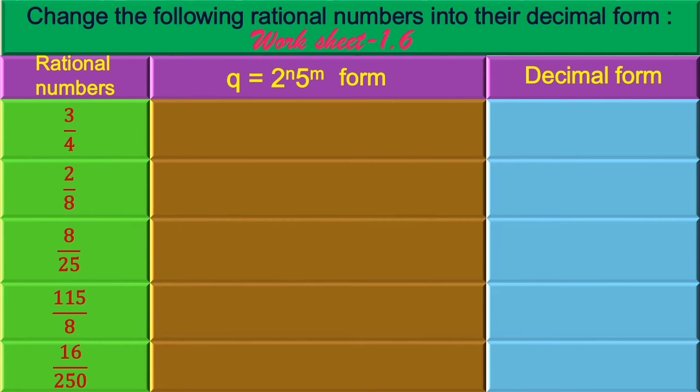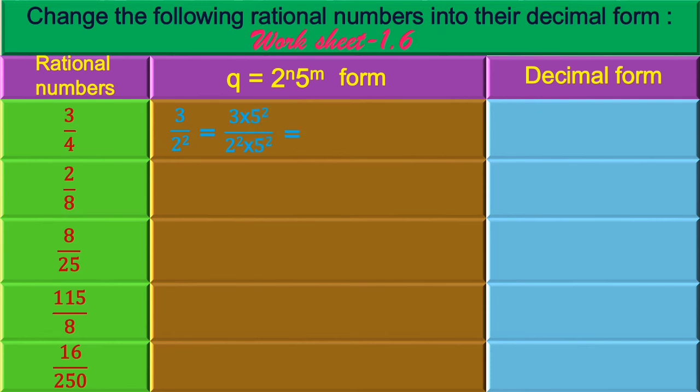Now see the first example, 3 by 4. The prime factorization of 4 is 2 into 2, that is 2 square. So 3 by 4 can be written as 3 by 2 square. To convert the denominator into the form of 2 power n into 5 power m, multiply both the numerator and denominator by 5 square, so that we get 3 into 5 square by 2 square into 5 square. Now the denominator is in the form of 2 power n into 5 power m.